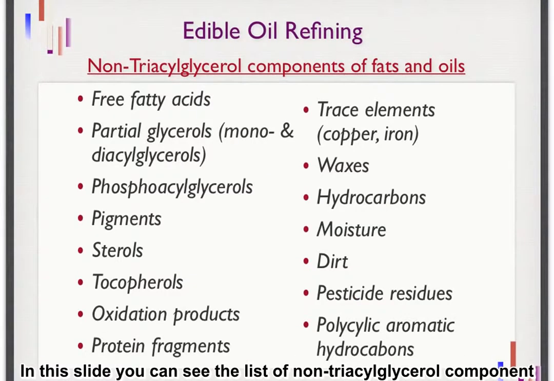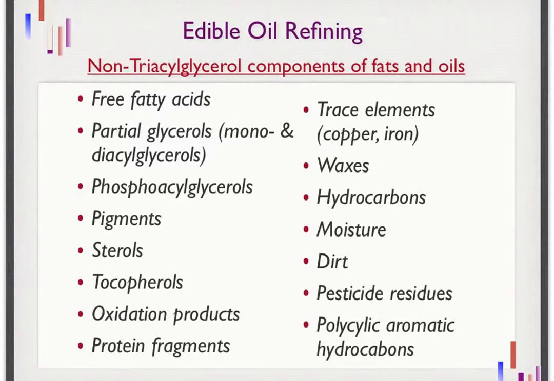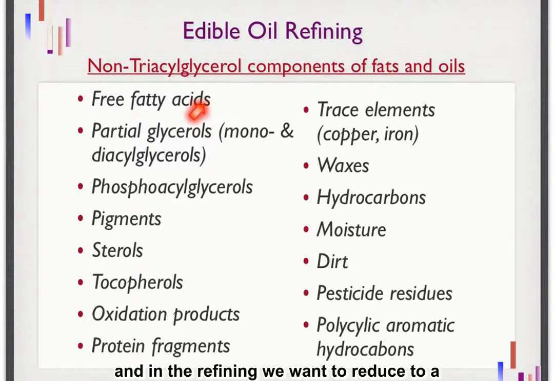In this slide you can see the list of non-triacylglycerol components in the crude palm oil or in any crude vegetable oil. So for example, we have free fatty acid or FFA. This is in the crude oil usually present at around 3 to 5%, and in the refining we want to reduce it to a very low level, maybe less than 0.1%.